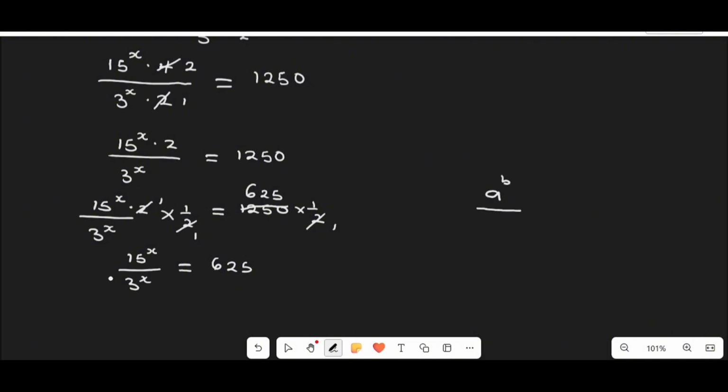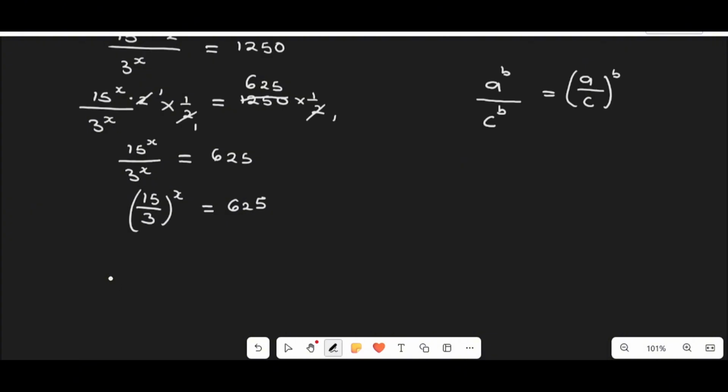And in indices, if we have a raised to power b over c raised to power b, it is equal to a over c all raised to power b. So here our power is the same, so we can write it as 15 over 3 all raised to power x equal to 625.